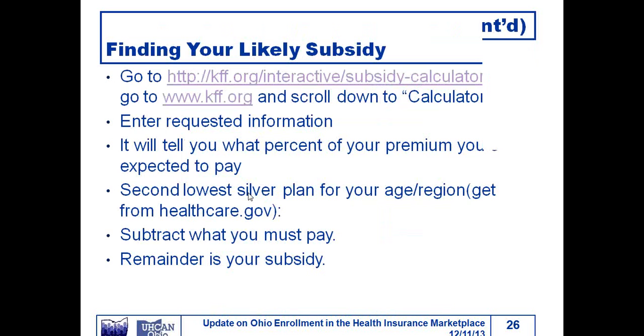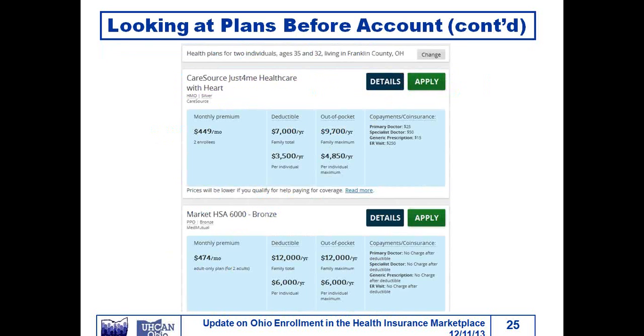Now I want to point, if you can just go back to that, Alyssa, thank you. If you look at that Market Bronze plan right below, the second plan from the top, now look to the right where it says copayments, coinsurance, and it says primary doctor, no charge after deductible. What that means is that you've got this deductible for each individual, $6,000, and so you're not going to even get your doctor visit paid for until you've met that deductible.